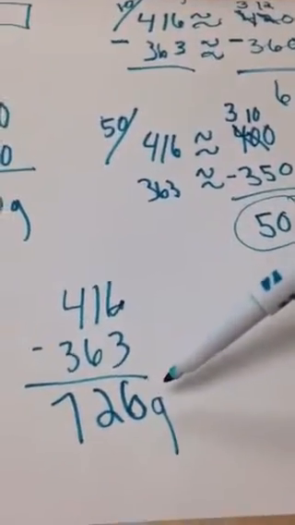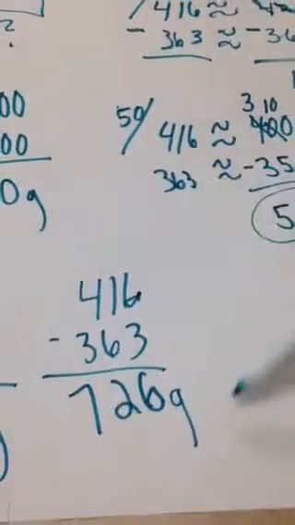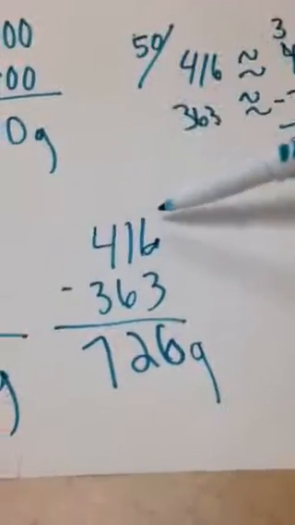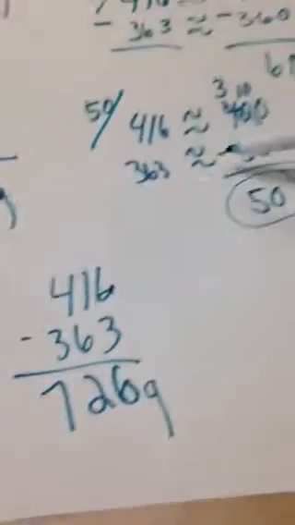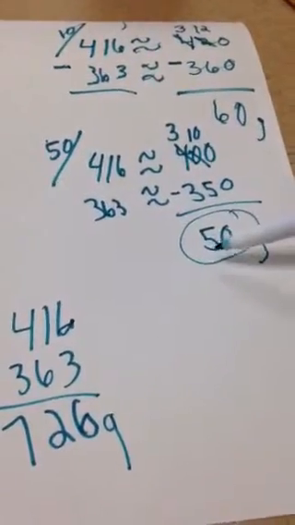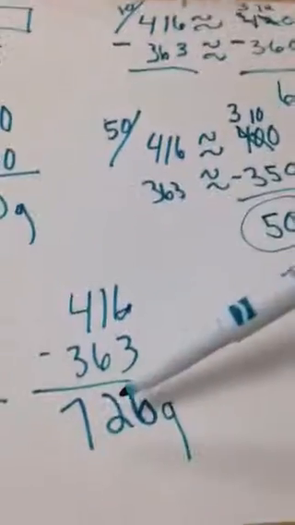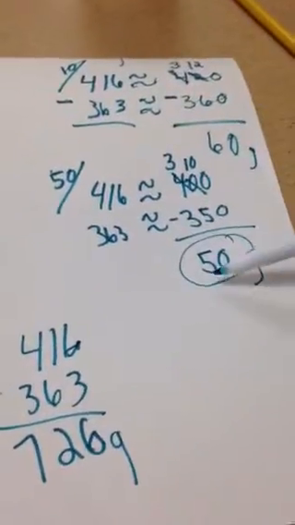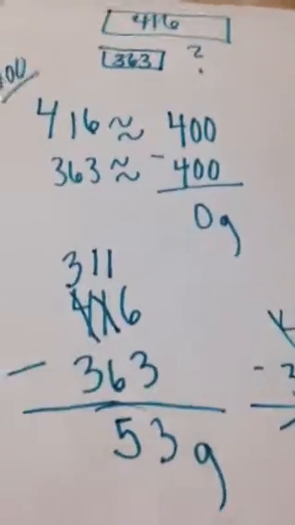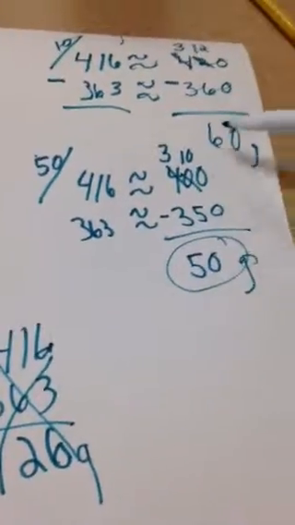No. So then you would have to go back here and say, how did I mess this up? Where did I go wrong? Because this doesn't seem like what I should expect since I did these estimations. This is way, way far away from these two numbers, okay? So the answer, 53, is reasonable because it's close to our estimates.